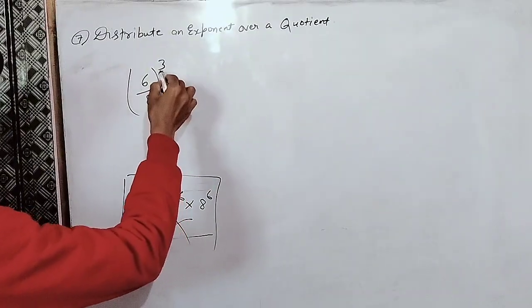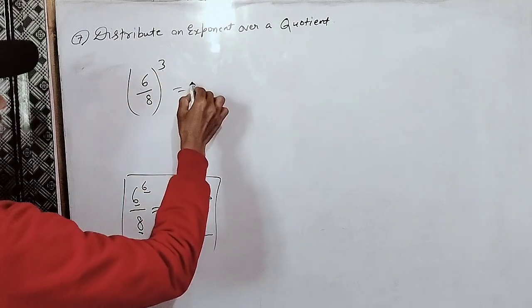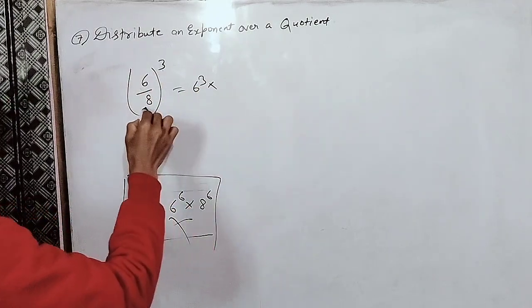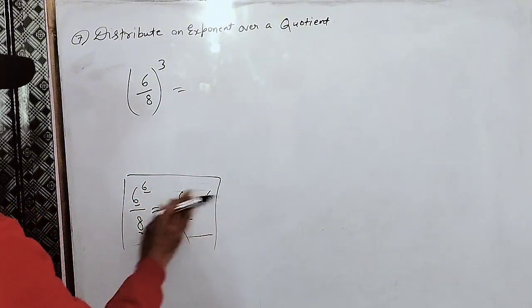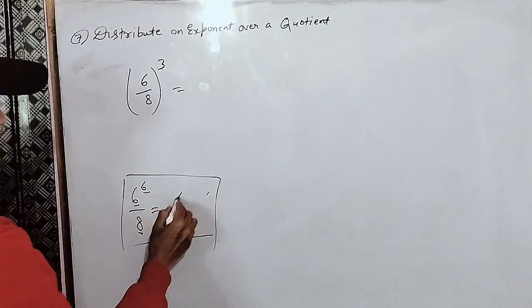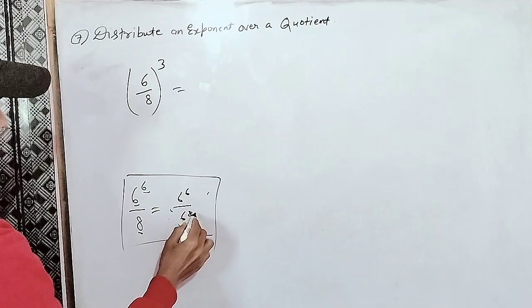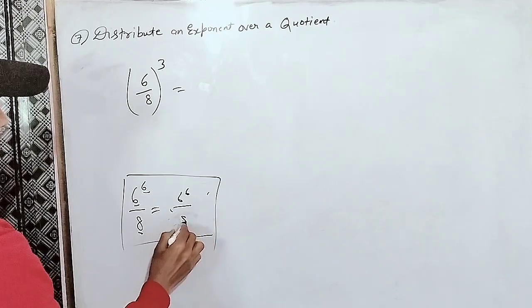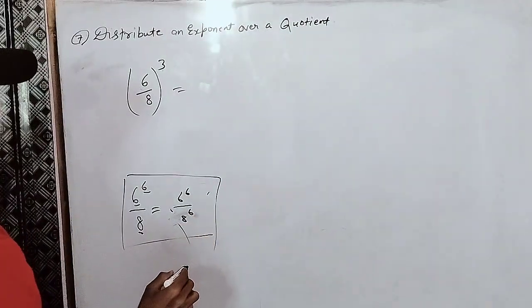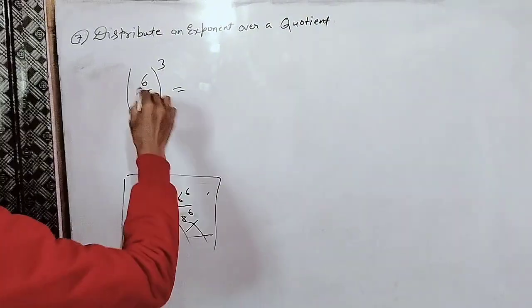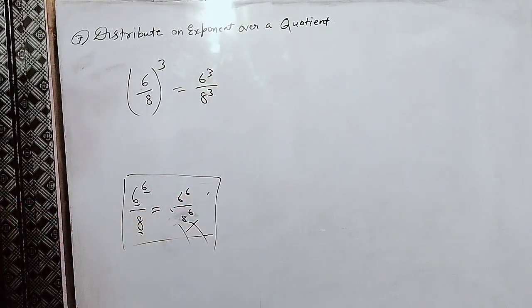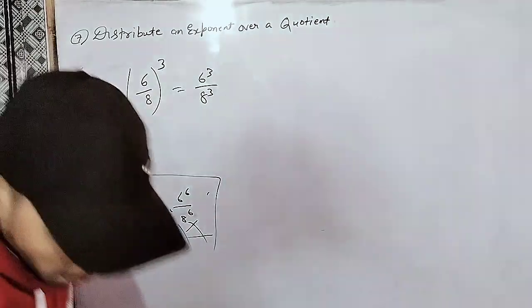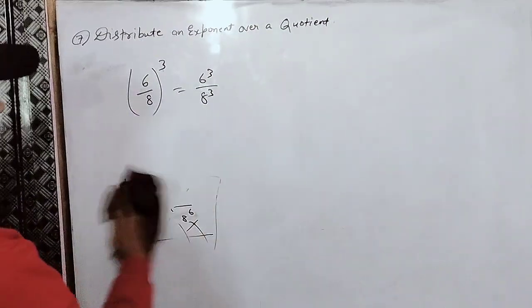So here it is saying 6 is with the 3 exponent, and 8 is with the 3 exponent. Clear?